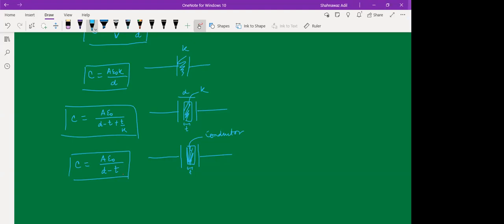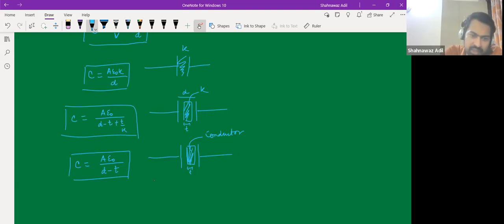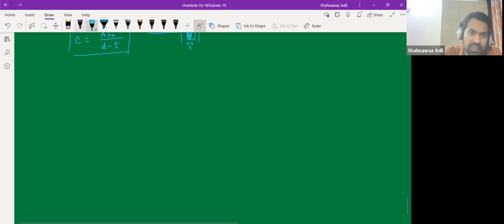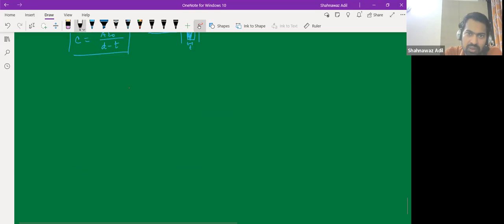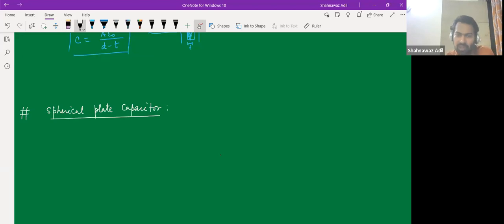Now we'll calculate the capacitance of a spherical capacitor. What is the design of a spherical capacitor? We have two hollow spheres. This has charge Q and radius R1.